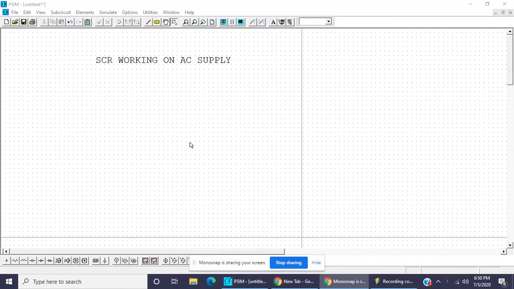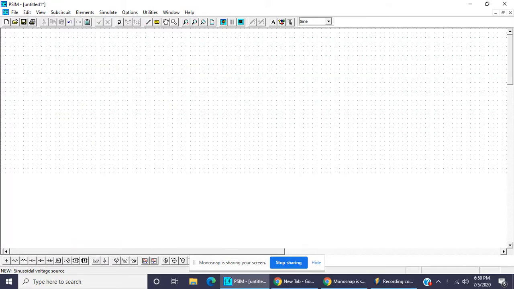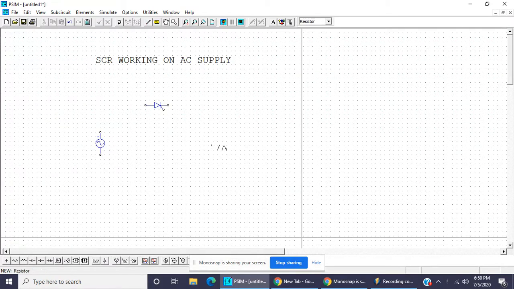Today we learn about the working of a thyristor on AC supply. So take one thyristor, AC supply. So this is not AC, so this one is AC supply.